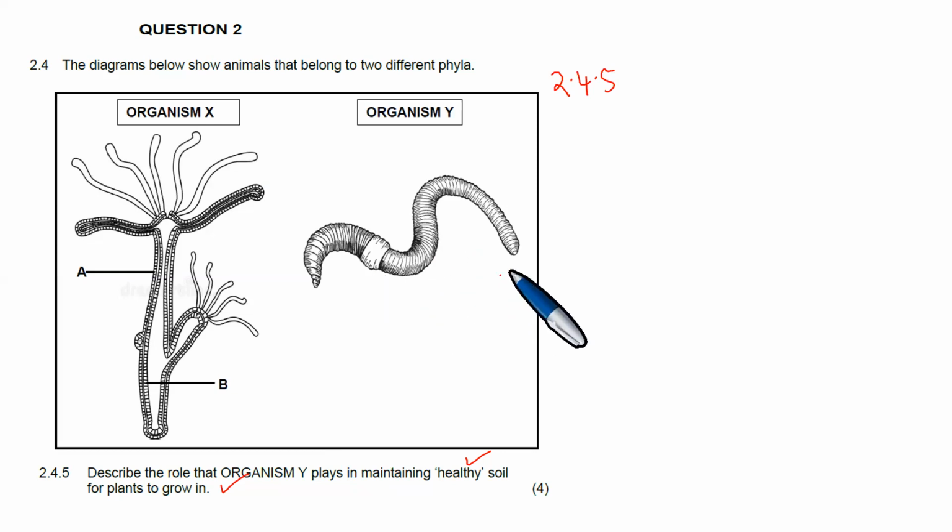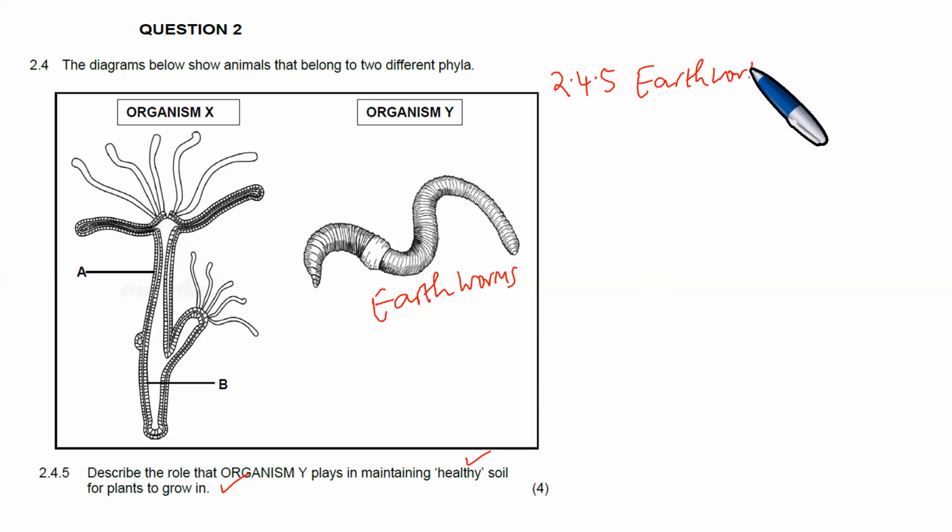This organism here is called an earthworm. Because we are interested in discussing it, I'll just mention that it's called an earthworm. We have to look at different kinds of earthworms, but first and foremost, what do earthworms do?